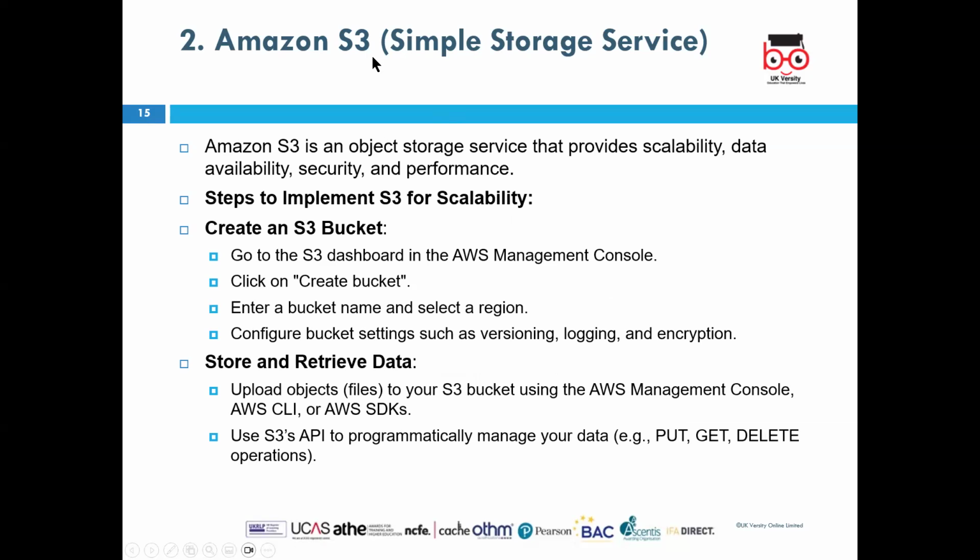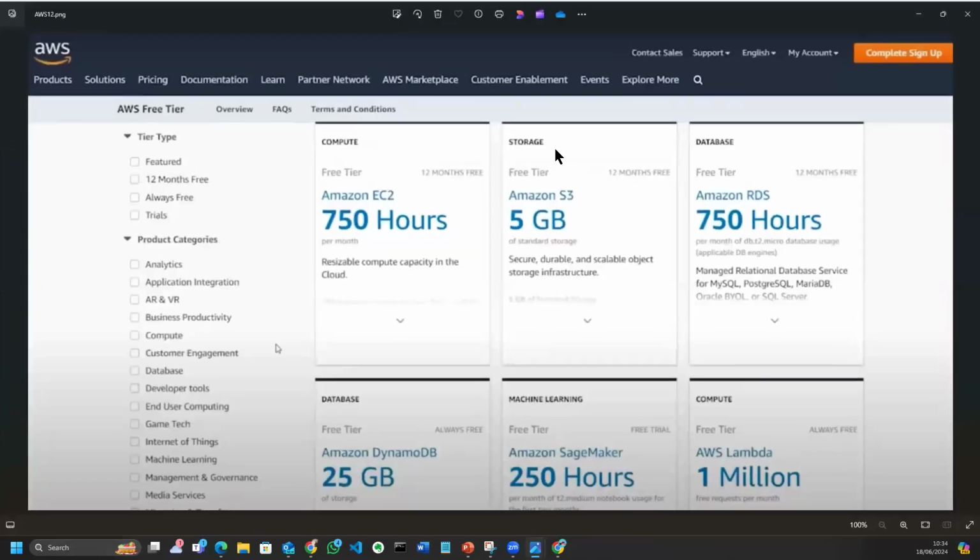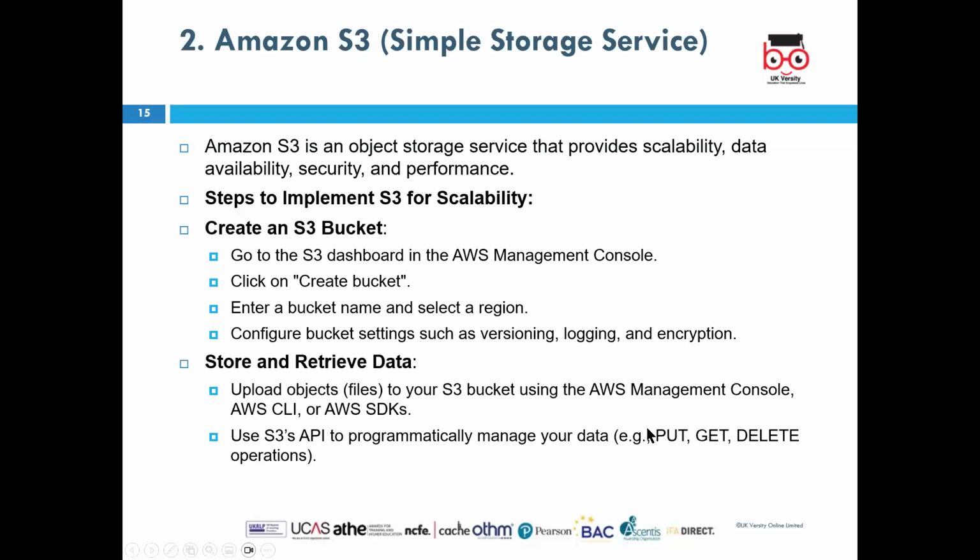And the one that you were talking about before, the storage one, is called S3. So looking back to our image, this one here is S3. See here storage, we have 5 GB in our first 12-month trial. So in these 12 months, we need to figure out how much storage we need.